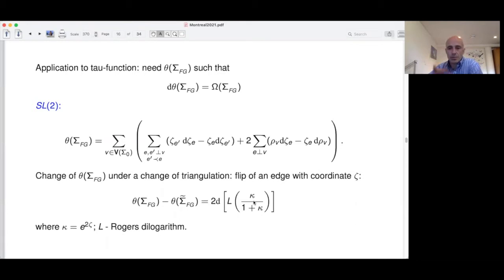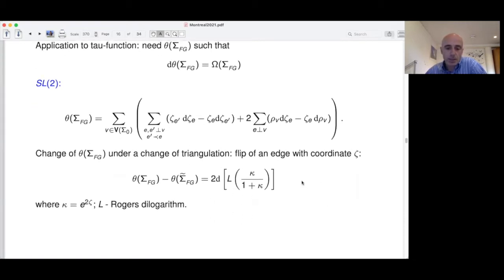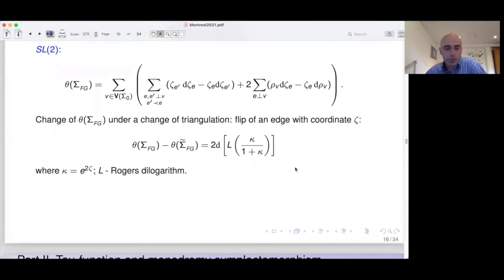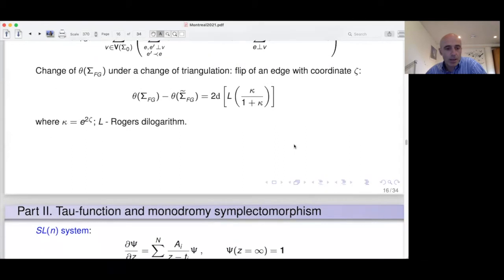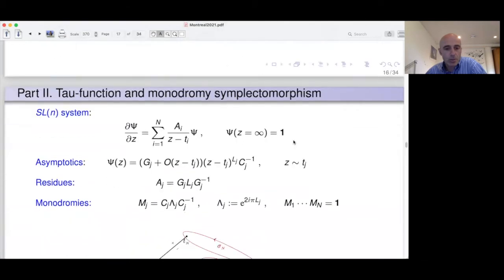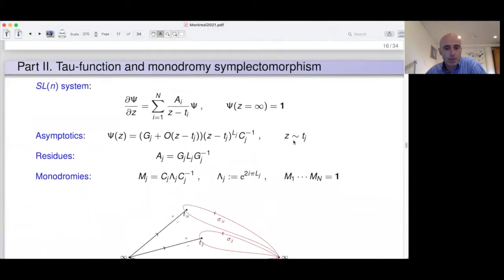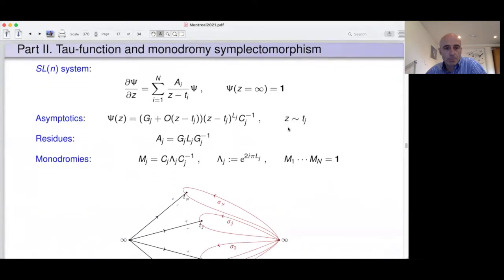Then you have the 2-term relation, which guarantees the cocycle condition for two subsequent flips. So there is quite some extension in that direction, where you can start thinking about the line bundles associated to the Goldman bracket, but my goal is different. At the moment, my goal is to apply this to the tau function.